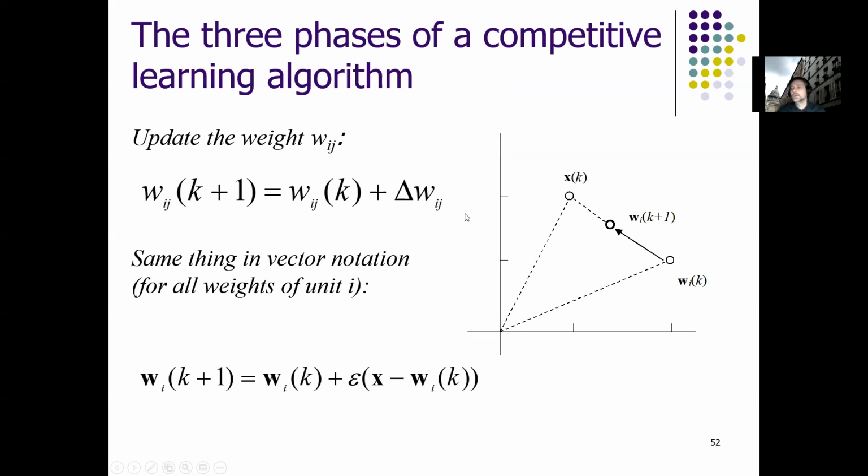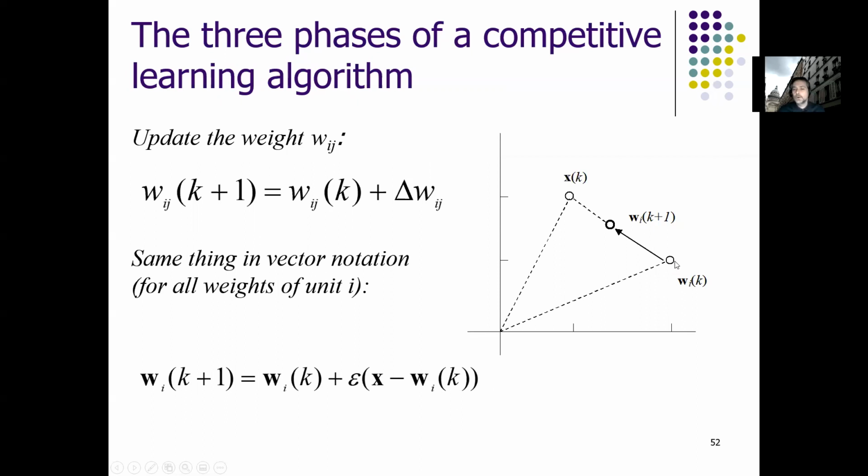The way the correction is calculated is obviously different from supervised learning. So you have the new weight, the old weight plus the correction, and the correction is given by this kind of equation. It's the difference between the input and the weight vector times the learning rate, which is defined by epsilon here. So that's the learning rate.